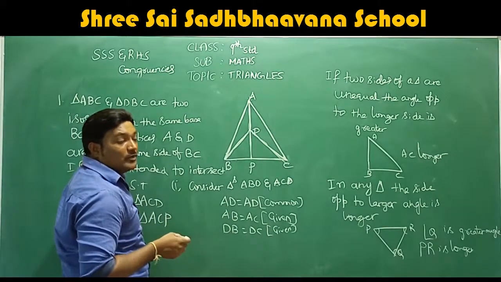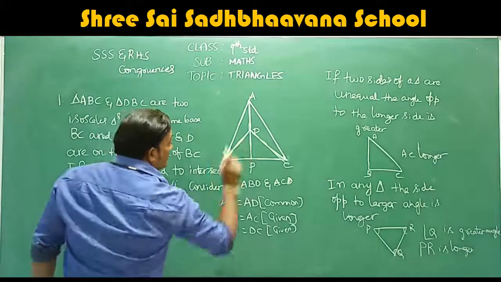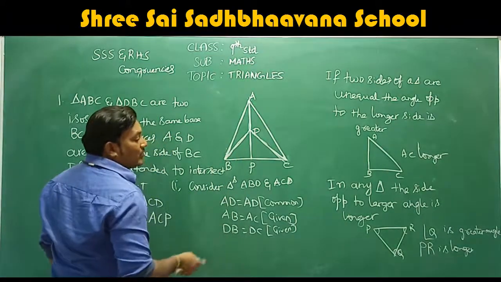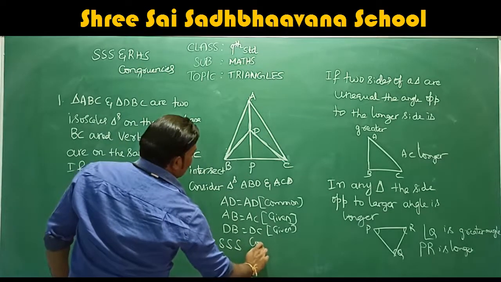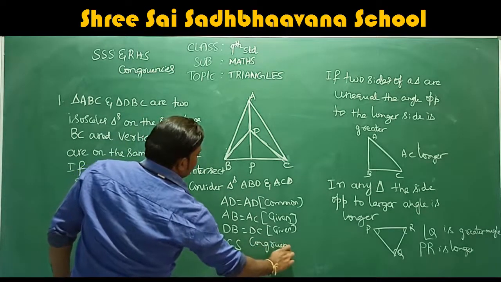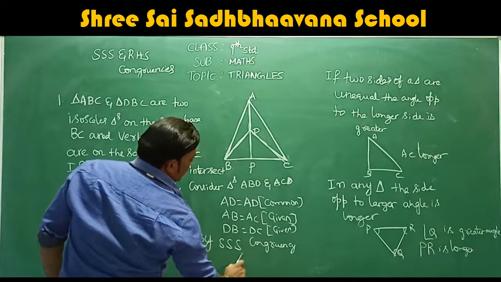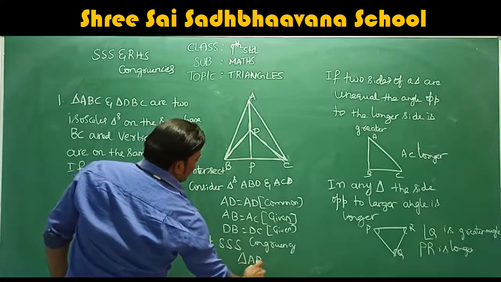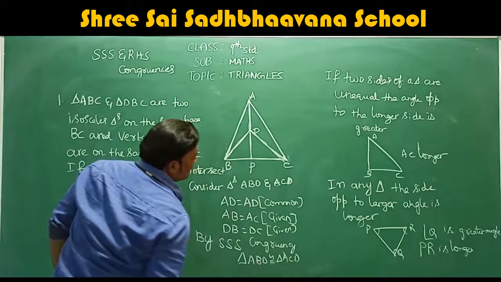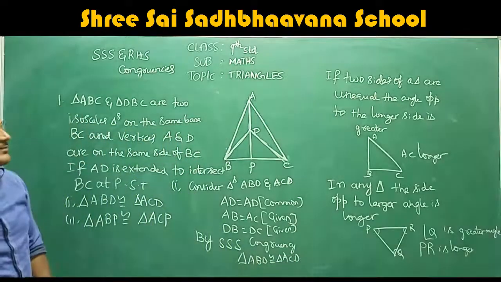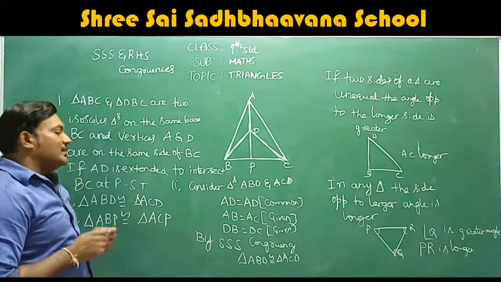They clearly told that the corresponding three sides of the two triangles are equal. So we can say that by SSS congruency, triangle ABD is congruent to triangle ACD.